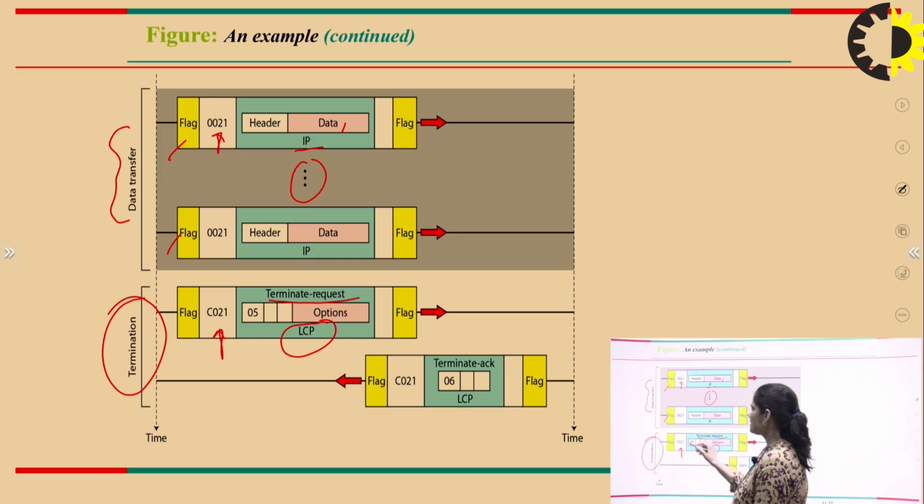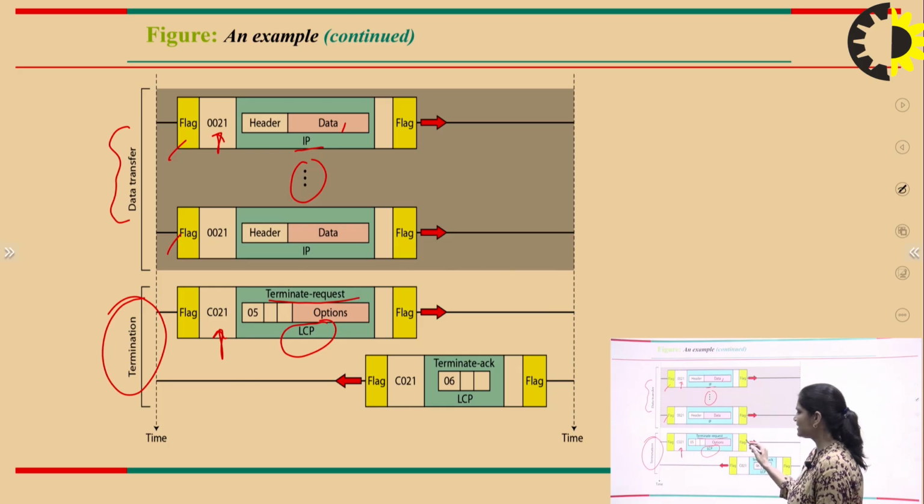So this is the frame format for the terminate request, then frame check sequence, then flag. Now the receiver will send the terminate acknowledgement that termination is done. It means we use the LCP protocol for this termination. So this is the code for LCP, the terminate acknowledgement format, then frame check sequence, then flag.